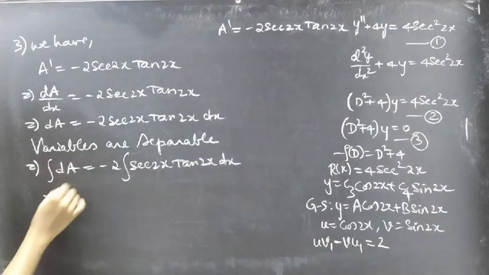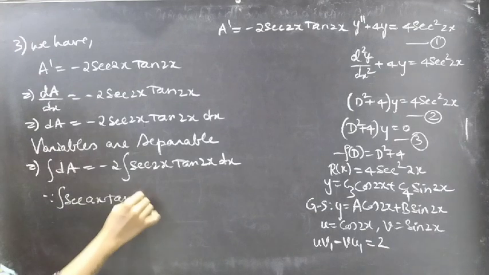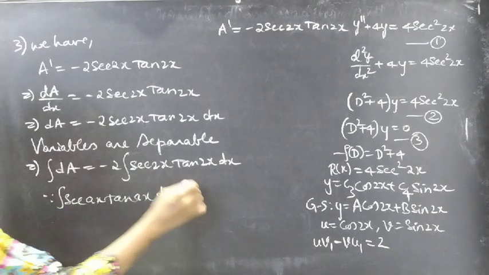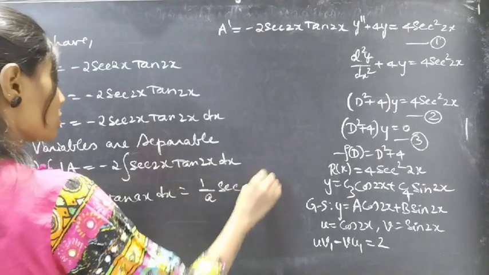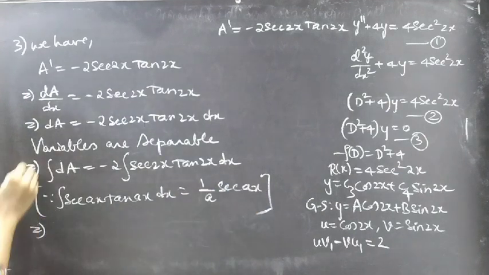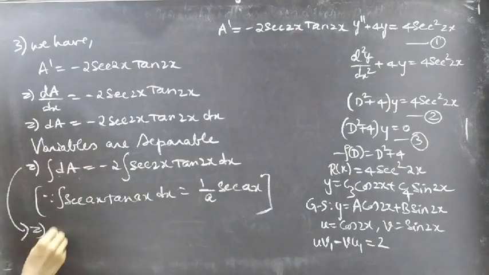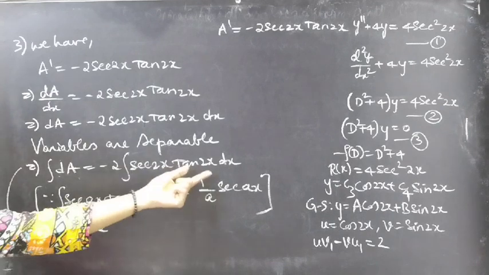Since we know that integral secant ax tan ax dx equals 1 by a secant ax, the above equation becomes integral dA equals minus 2 into integral secant 2x into tan 2x dx.